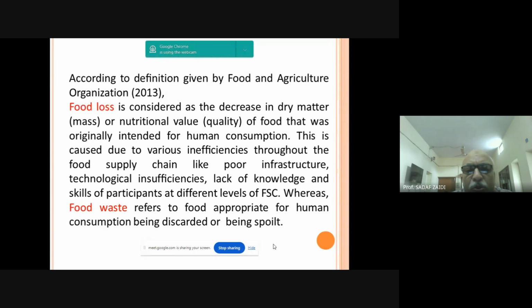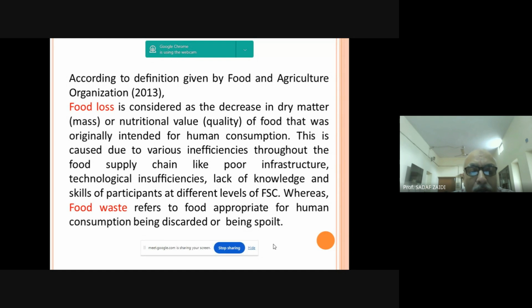This could be caused due to various inefficiencies in the food supply chain, like poor infrastructure, technological inefficiencies, very rudimentary technology, and a lack of knowledge and skills of the participants at various levels of the food supply chain. So FAO has defined food loss as that which results in a decrease in the dry matter and the nutritional quality of the food.